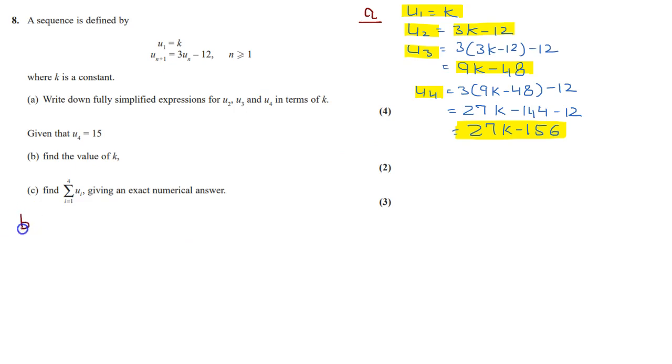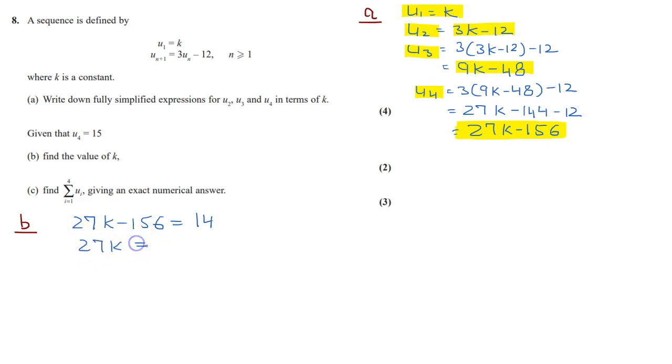Part B. U4 is 15. So it means 27k minus 156 is equal to 14.